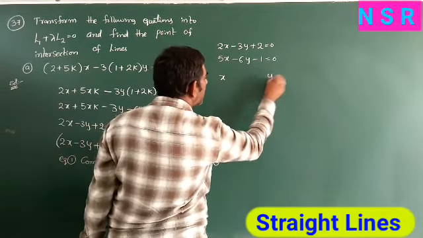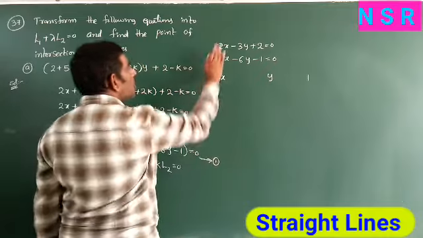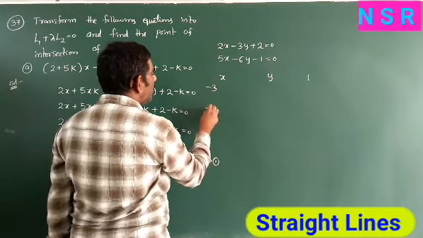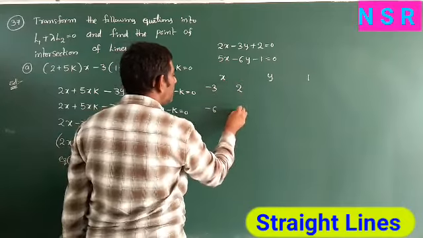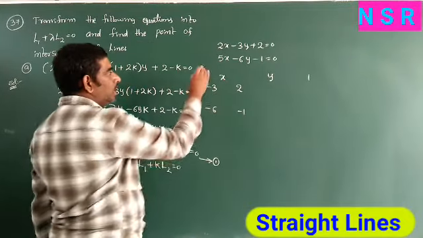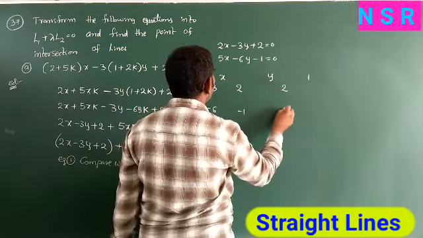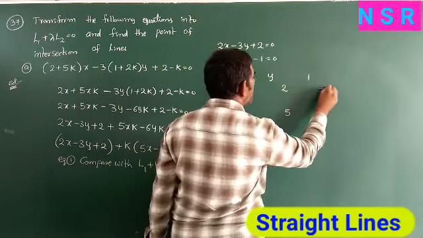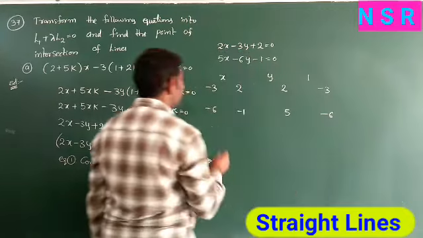Right, here x, y, 1. Write the x coefficients, y coefficients here: minus 3, minus 6, and constants 2, minus 1. Next write the x coefficients 2, 5. Repeat the first column elements here, and repeat minus 3, minus 6.